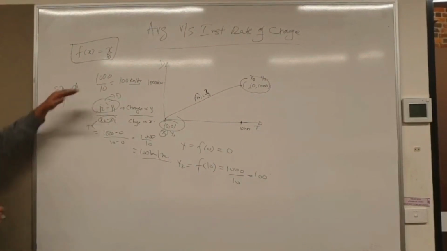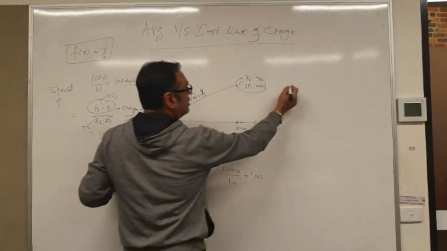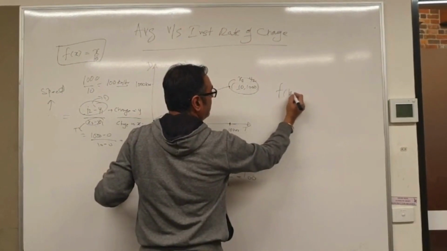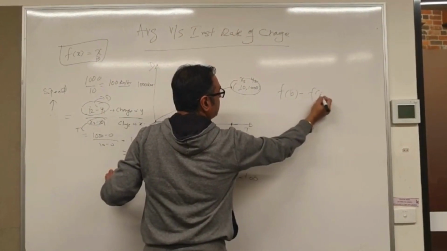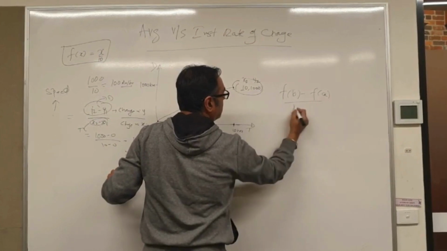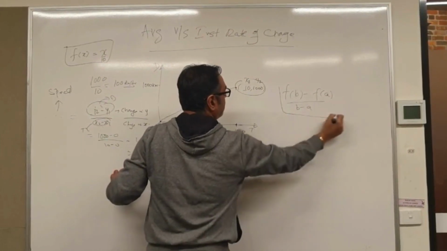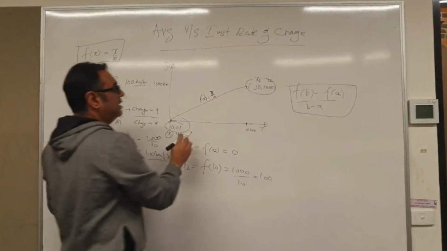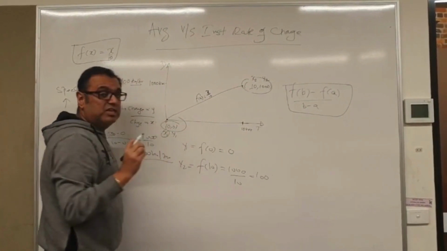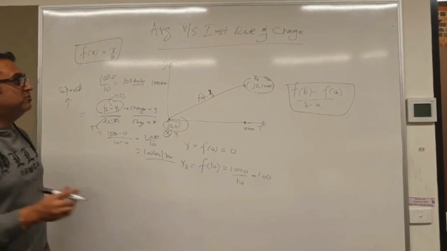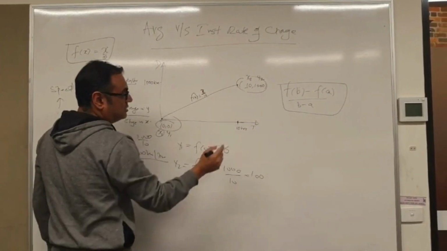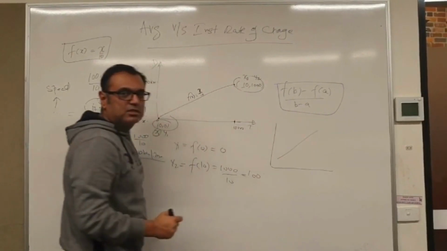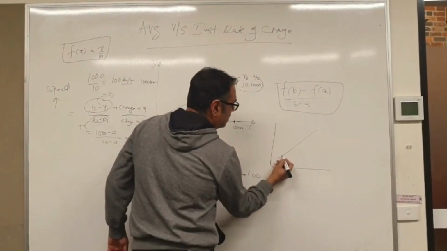So average rate of change is actually, if you've got 2 points, f of b minus f of a over b minus a. So if you've got 2 points across which you are measuring the average rate of change, you've got a line like this, and you've got 2 points here.